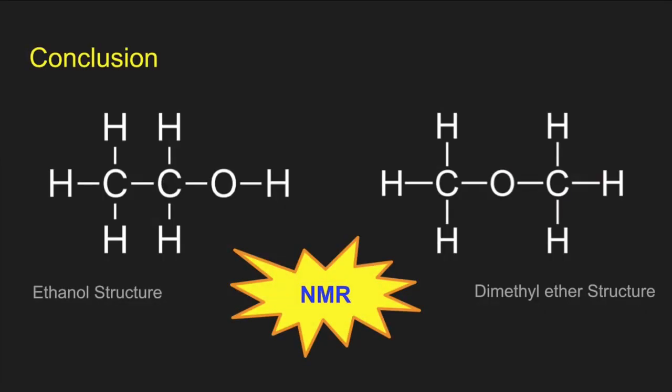For most molecules, shape plays a major factor in determining the chemical properties and function. In the ethanol structure, we can see that the oxygen atom is bonded to a carbon and a hydrogen atom, with methylene groups directly by each other. In the dimethyl ether structure, the oxygen is the central atom, bonded to a carbon and another carbon on either side, and the methylene groups are separated to both sides of the oxygen atom as well.